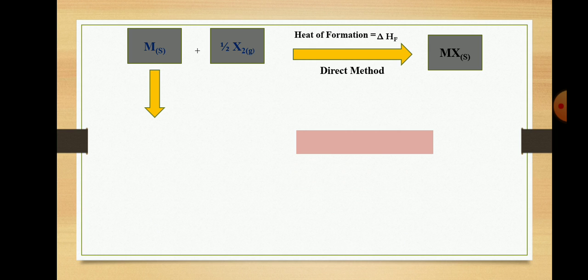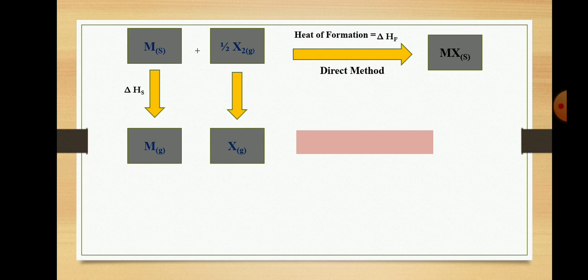Now the alternative method: first we have to convert solid metal into gaseous metal by means of heat of sublimation energy. Now the gaseous halogen molecule is converted into gaseous halogen atom by means of heat of dissociation energy, which is always half.